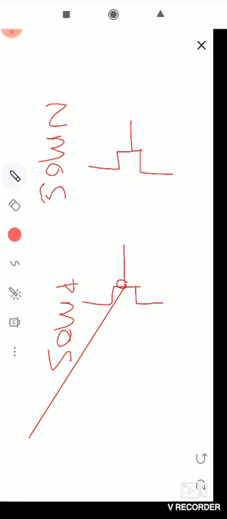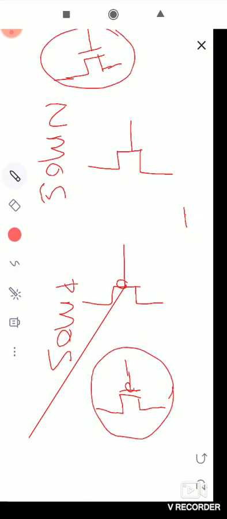Generally, they will draw the NMOS like this, and this is PMOS. This is the general notation. This is PMOS, this is NMOS. This is the advanced notation.